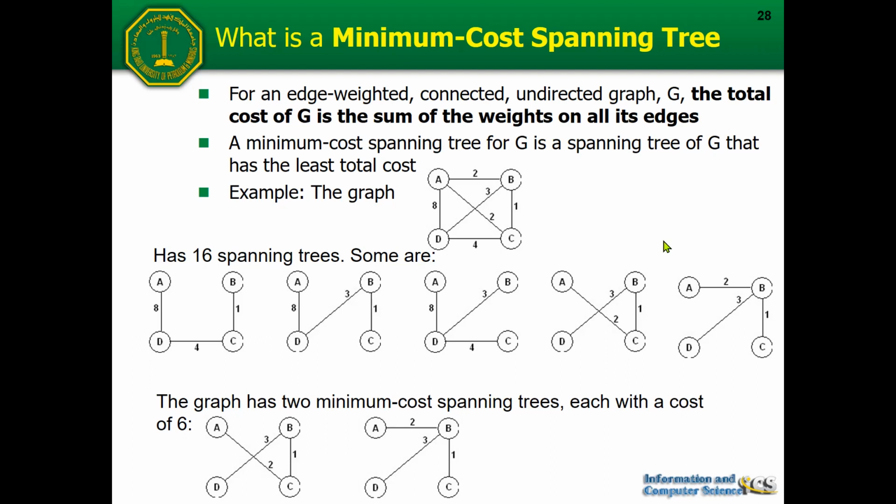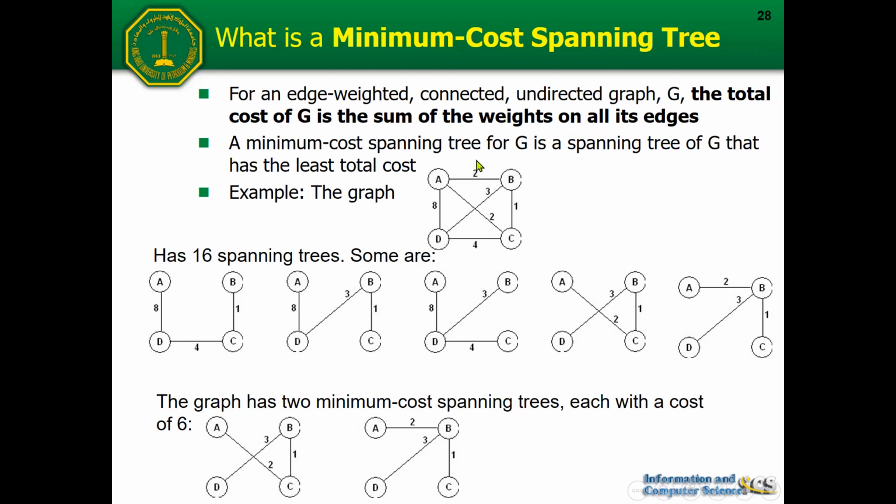That's why in applications, usually we want to derive the minimum cost spanning tree from the corresponding graph, because in reality the graph usually has weights. So this is some definition for an edge-weighted connected graph G. The total cost of G is the sum of the weights on all of its edges.